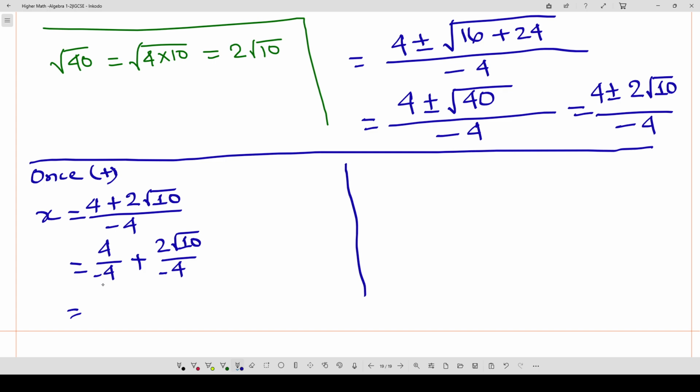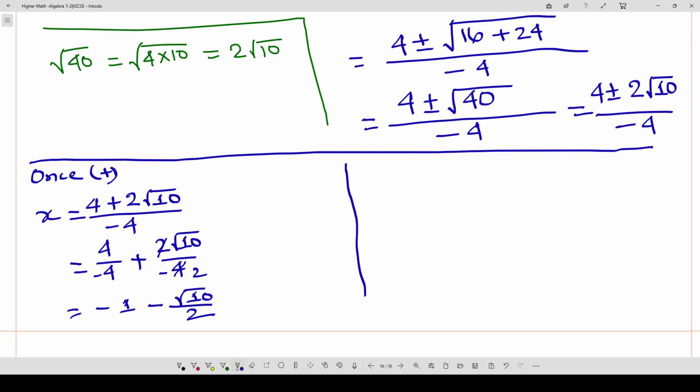So 4 by minus 4 will be minus 1. And then minus 4 divided by 2 is 2. So we can write this one as root 10 by 2. It's the first part.